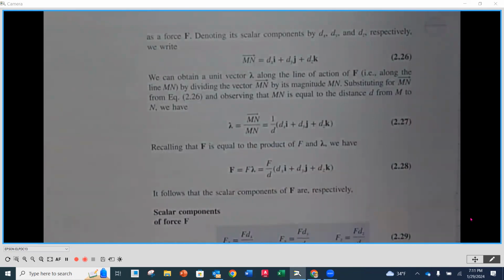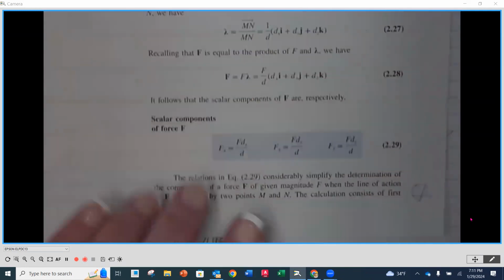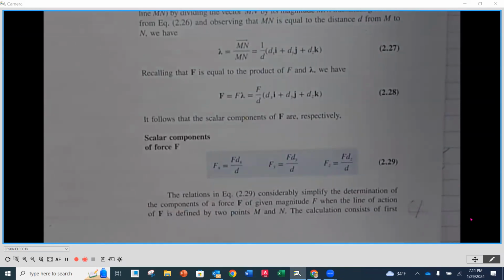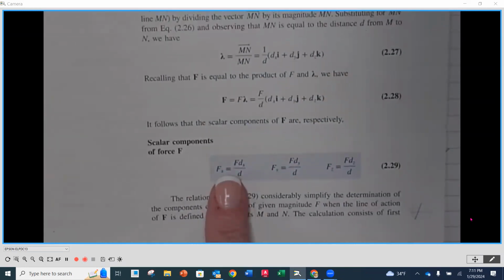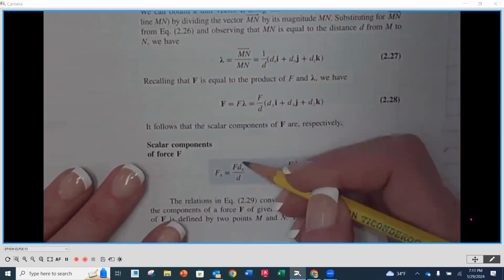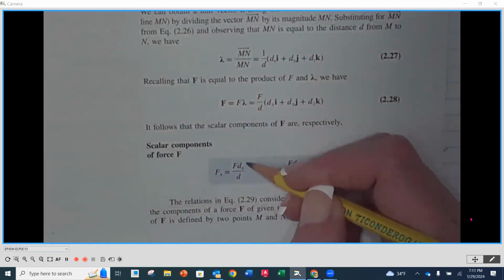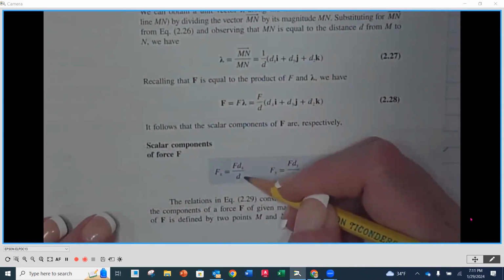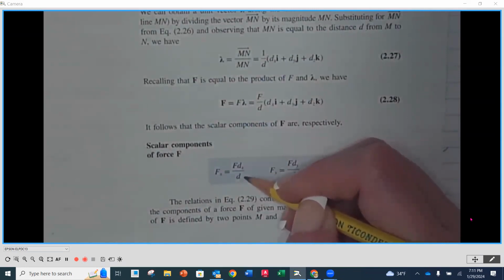So what you're going to want to do is, trying to think which one here. It's these down here. These are going to be the ones in the blue, 229. We're going to copy down Fx is equal to the vector quantity F times its dx value divided by the overall d, and that's the total length of that line.